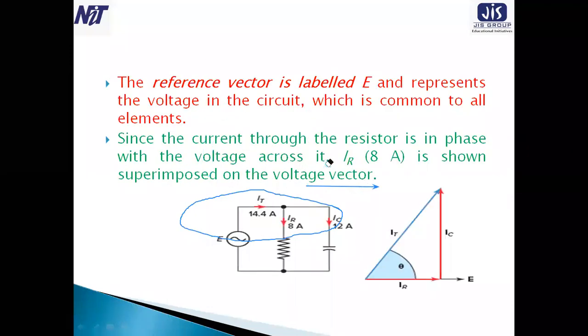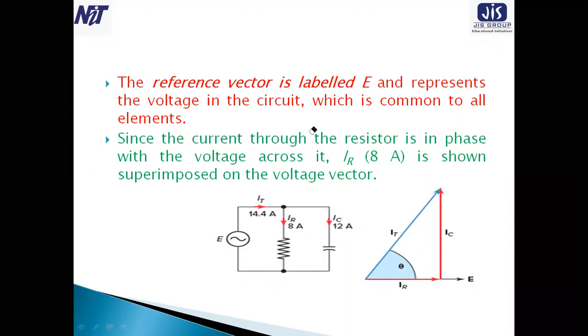So the next part of the circuit is here, a circuit is given. The reference vector is labeled E and represents the voltage in the circuit, which is common to all elements.